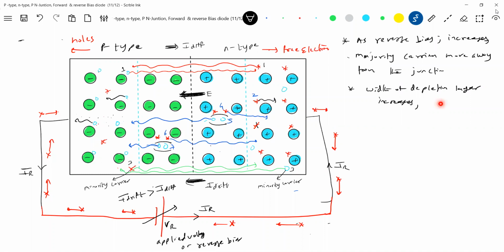More width of depletion layer increases. There will be an increase in breaking up of covalent bonds in the depletion layer.